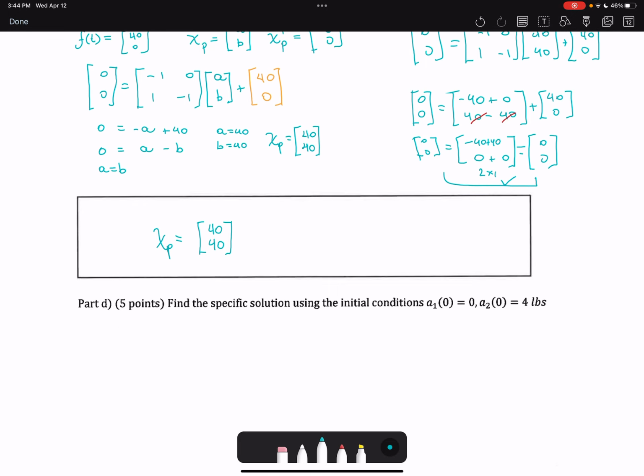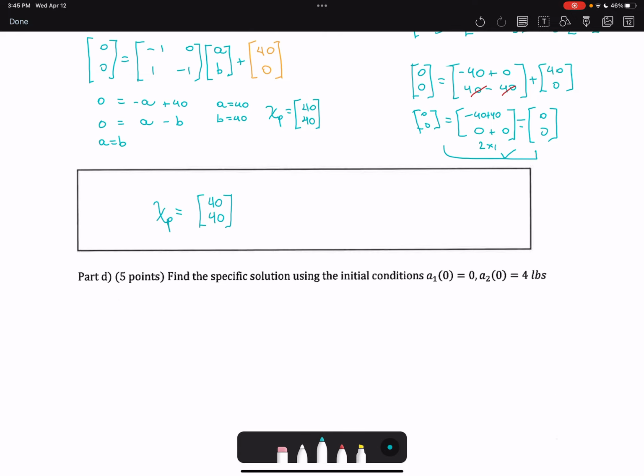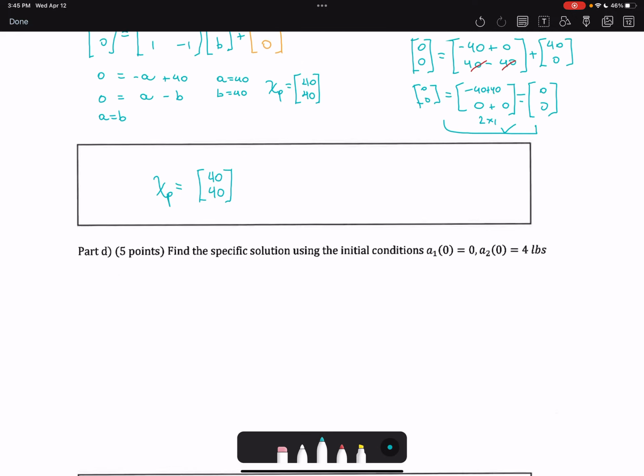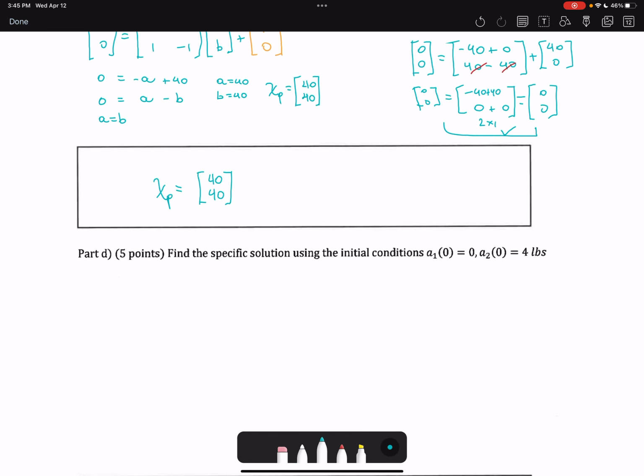Now find the specific solution using the initial conditions. So if we have the initial conditions, we want to go back to that form right there.